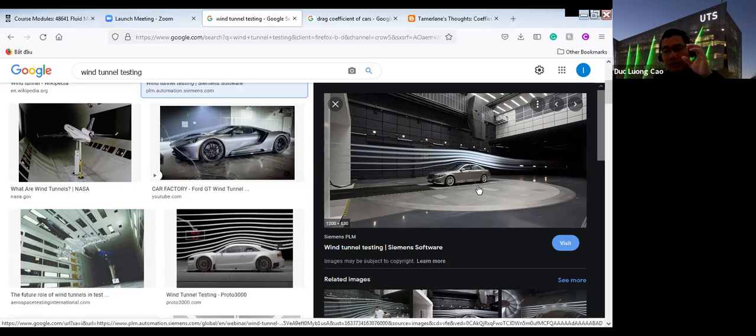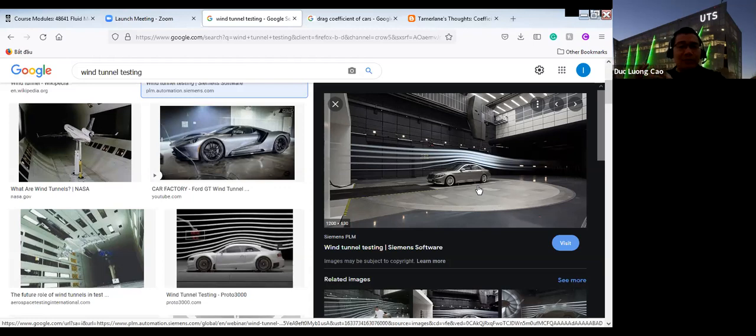And do you know Formula 1 cars? A Formula 1 car can move faster not only because the engine is stronger, but because the force from the air applied to the car is smaller, and that force depends on the shape of the car.